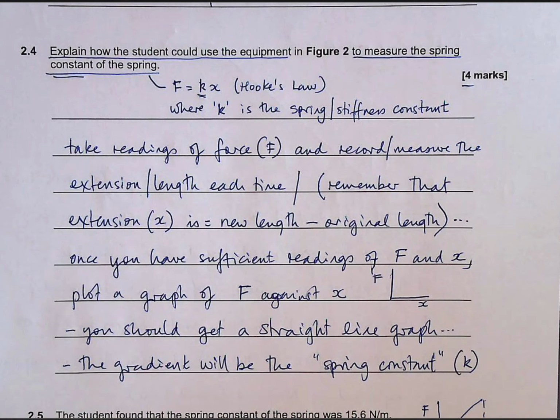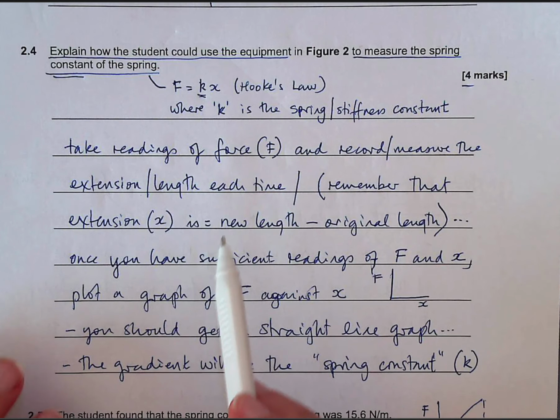Okay, so K is the stiffness constant, F is the force that you use, which was the weight you added, and X is the value on the meter ruler reading where the pointer is pointing. So how do you explain that?